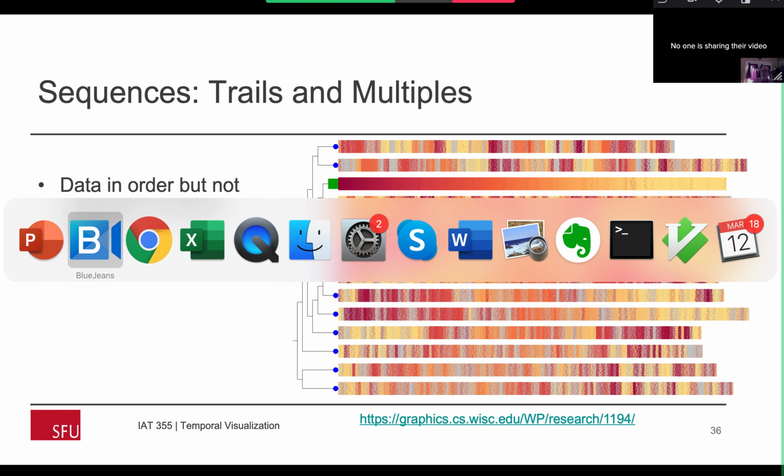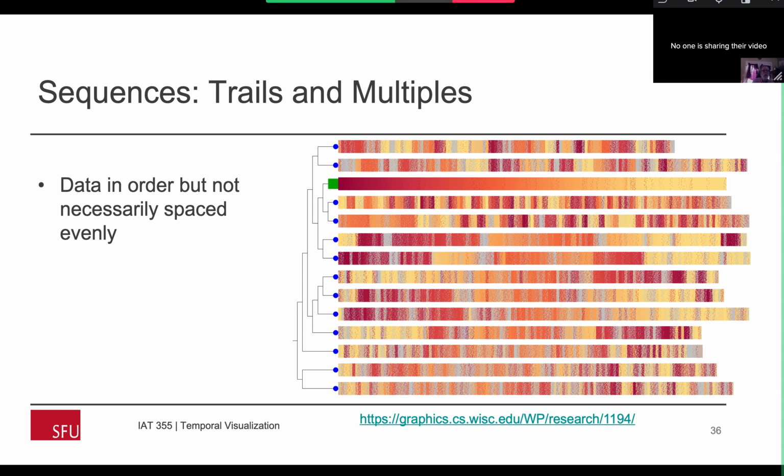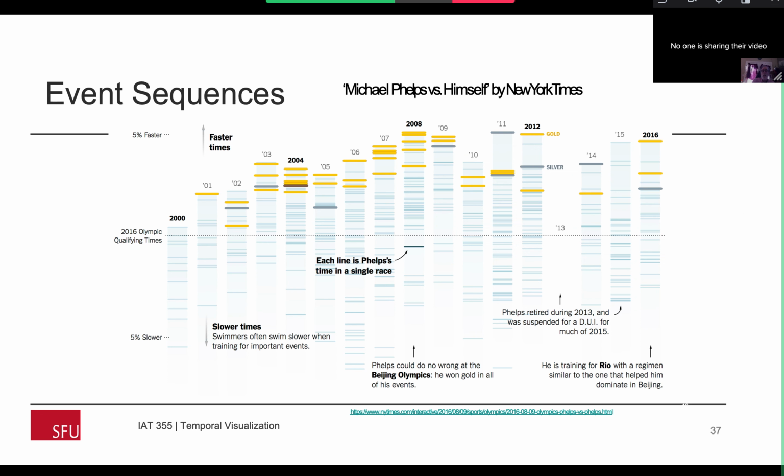And the sequences that could be drawn could be sequences of, in this case, DNA, or sequences of events, as is shown here.